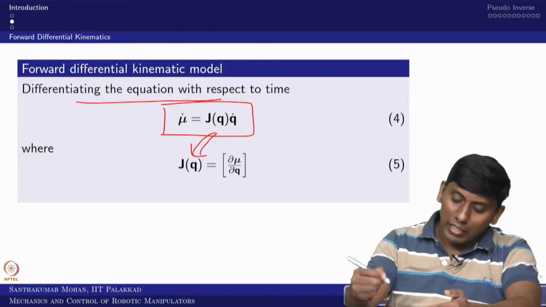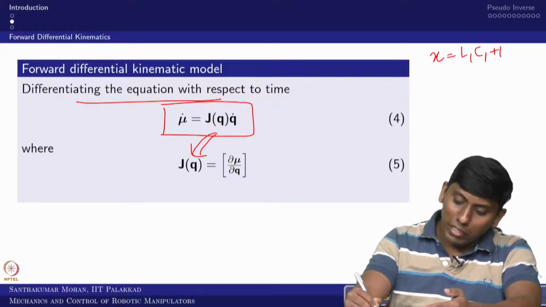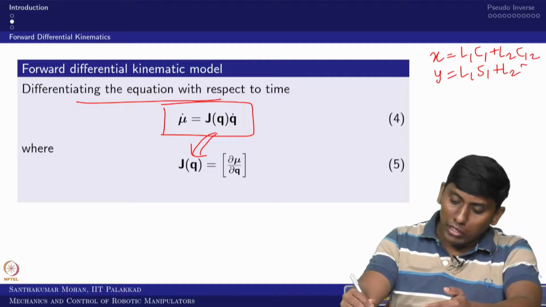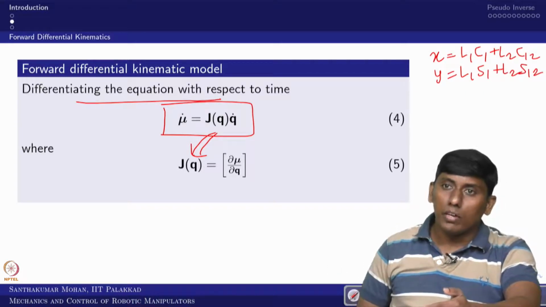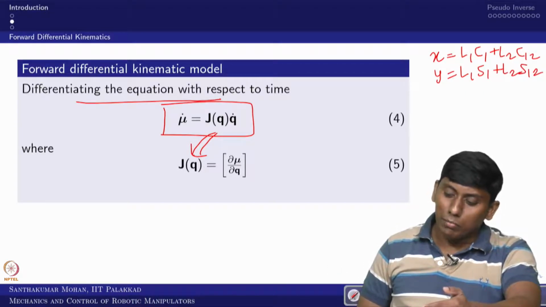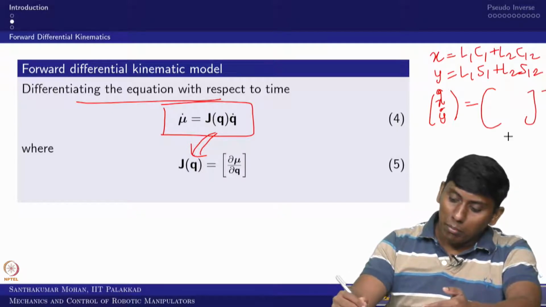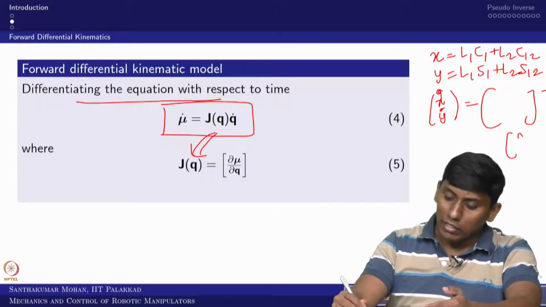You can rewrite this equation again. So x is L1 C1 plus L2 C12, and y is L1 S1 plus L2 S12. If you differentiate this with respect to time, you can see x dot, y dot will come. The other side would be a 2 cross 2 matrix multiplied with theta 1 dot and theta 2 dot.